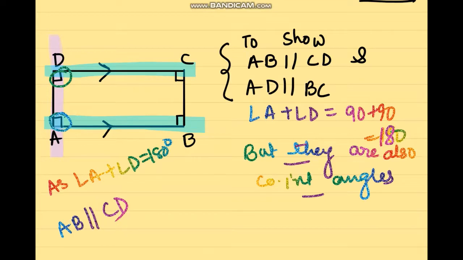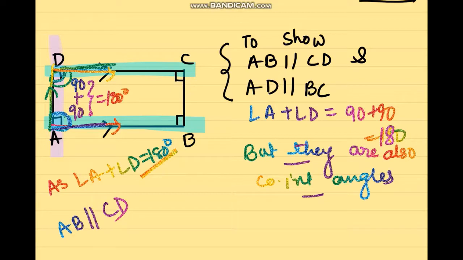Again, please try to understand. This is AB, this is CD, and AD is your transversal, and these angles are making co-interior angles. This is 90 and this is 90. The sum of both these angles is equal to 180 degrees. When the sum of co-interior angles is equal to 180 degrees, then these lines are parallel.